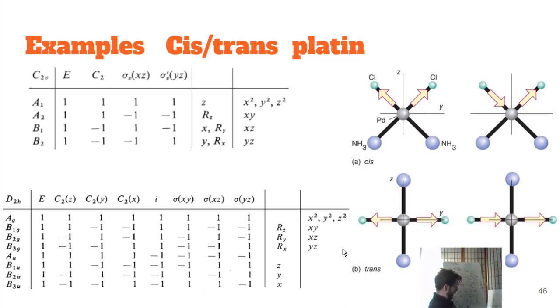Cisplatin has vibrational modes that are related to water. We can look at water and see that it is C2V, so is cisplatin. So we can look at the structures pretty easily and look at two of the vibrational modes. Right? There's a third one that we don't see.